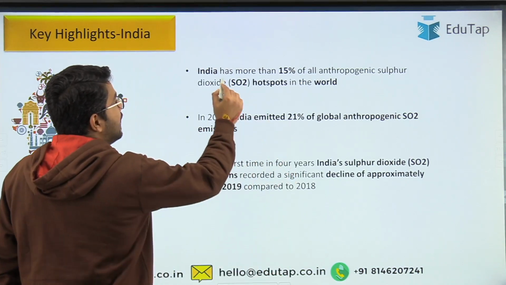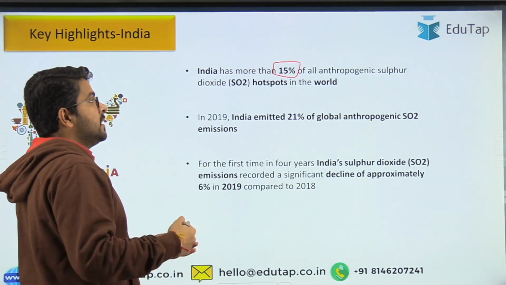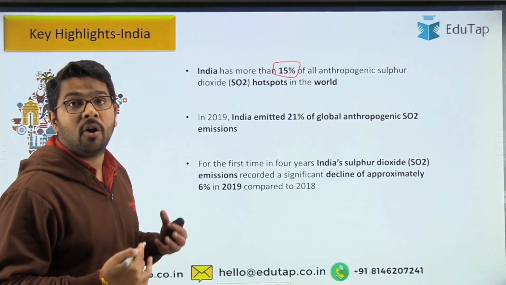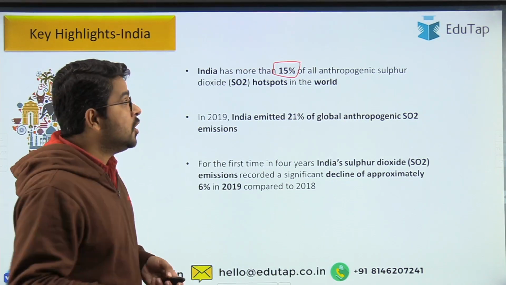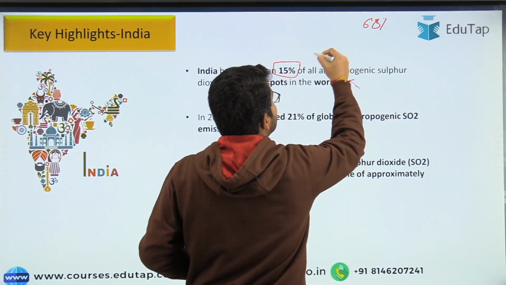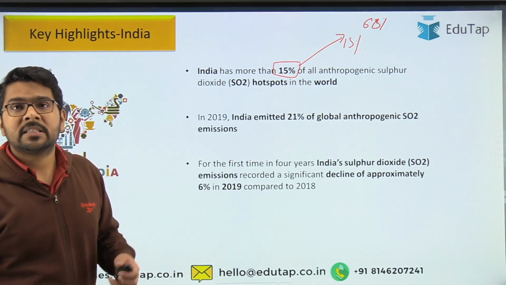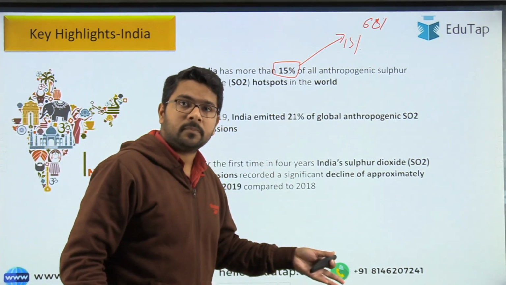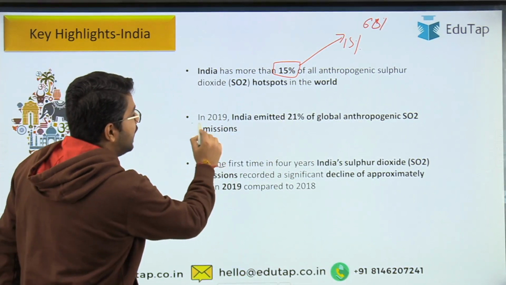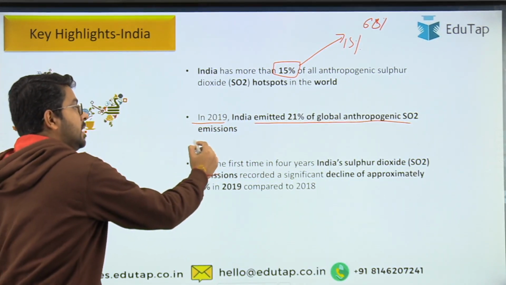India has more than 15% of all anthropogenic sulfur dioxide hotspots in the world. So out of that 68%, India has 15% of all the anthropogenic sites in the world. And in 2019, India emitted 21% of global anthropogenic SO2 emission.